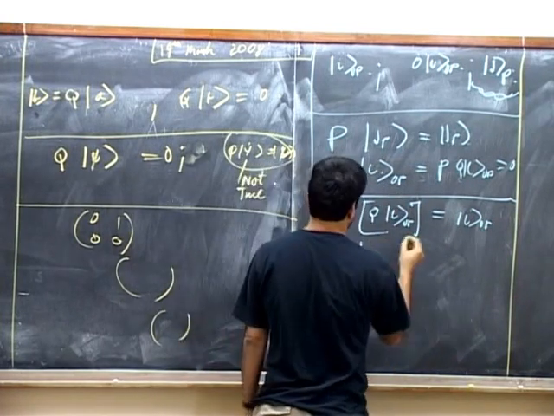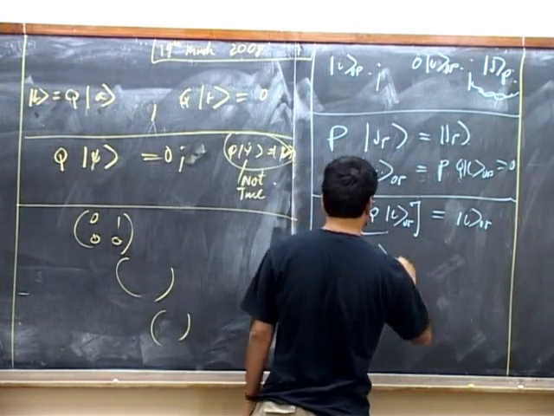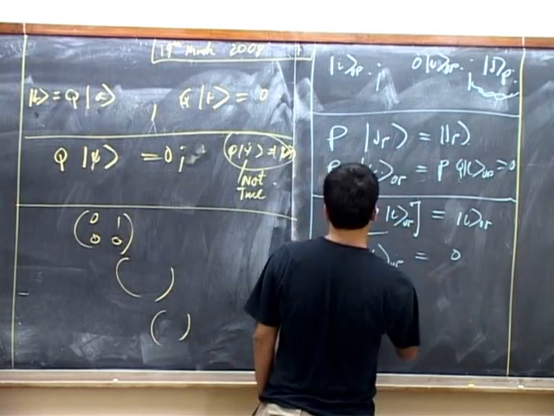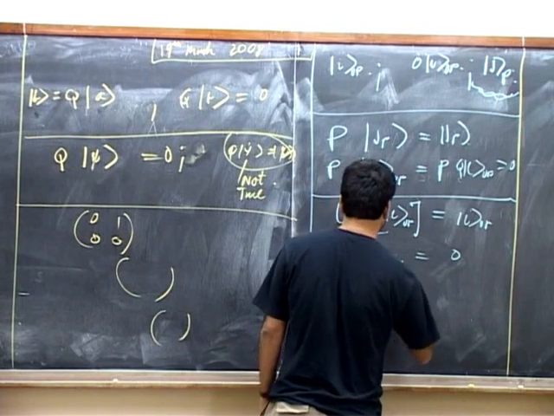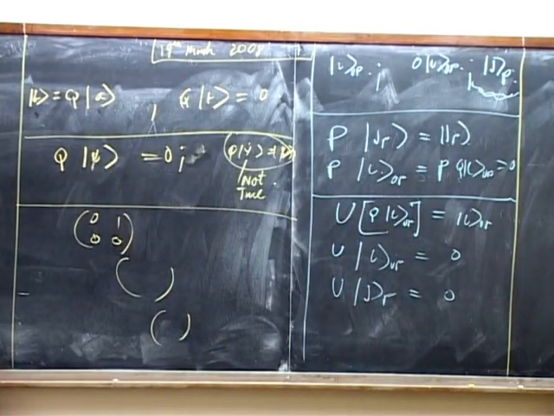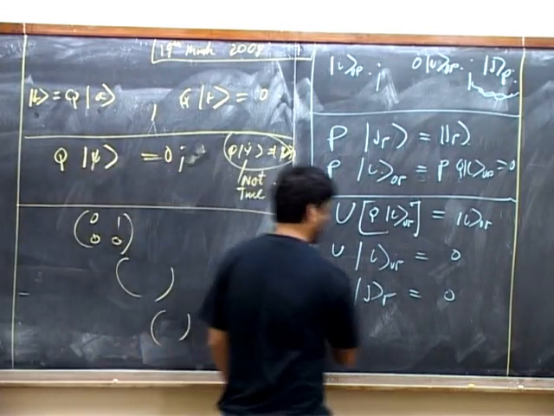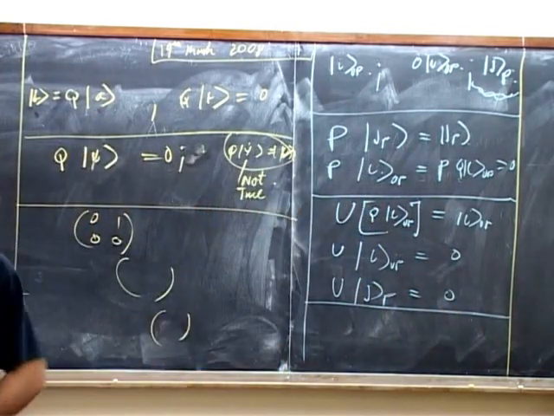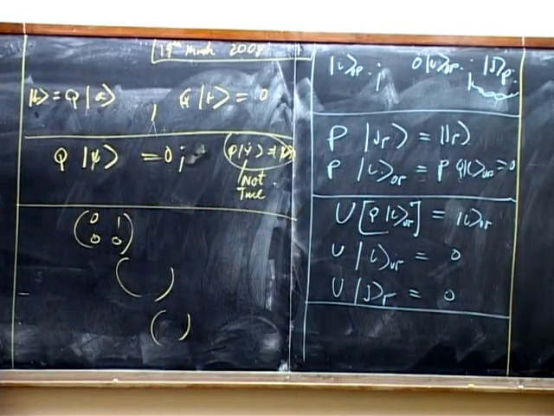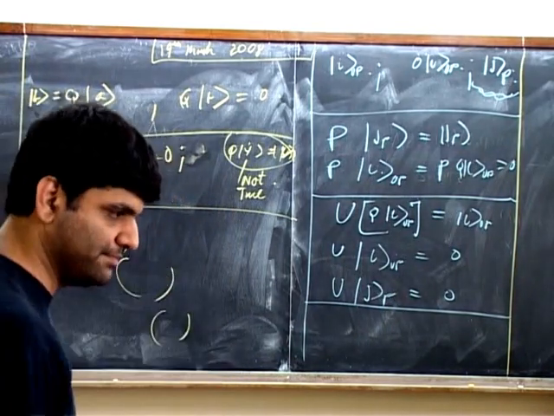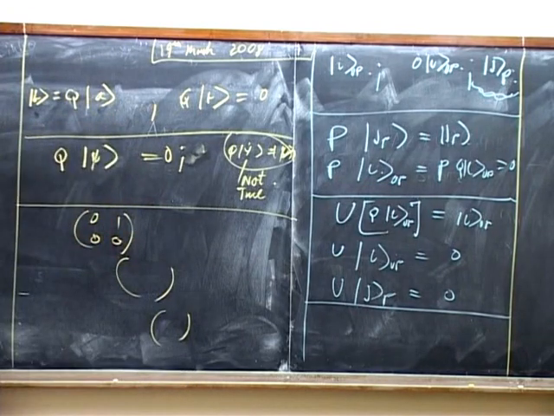U on I physical is equal to 0. U on J physical is equal to 0. Okay? This gives me an action of each of these operators in my basis. It's totally well defined. Since these are linear operators, I define the action on the basis, and I'm done.